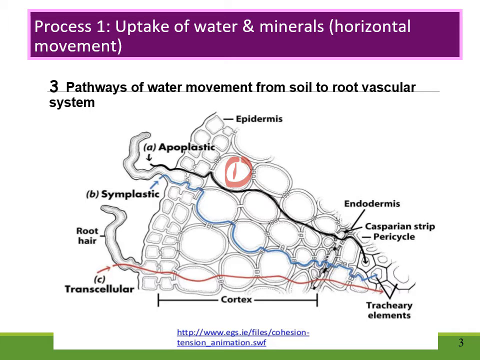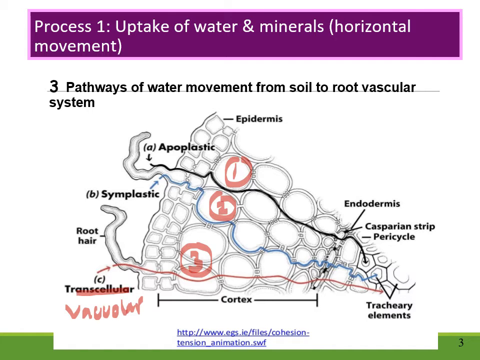The second one, the blue color here, is the symplast pathway. Here the water moves into the cytoplasm of one cell and moves from cytoplasm to cytoplasm through the plasmodesmata. The third one here is the transcellular, so we change to the vacuolar pathway.